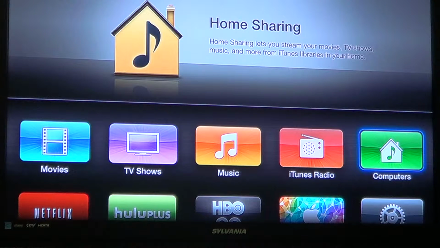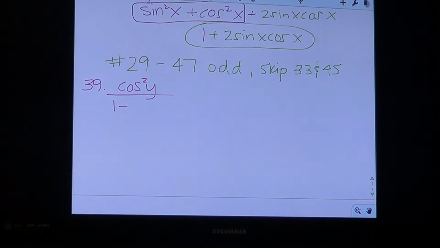Okay. So 39, I have to look at my trig identities too. I don't have them all memorized. Okay. So 39 is cosine squared y over 1 minus sine y.